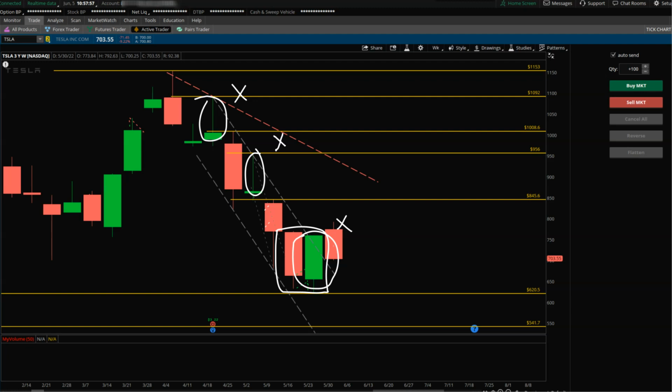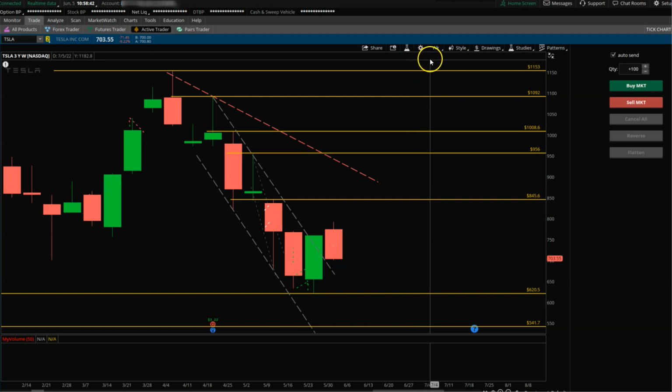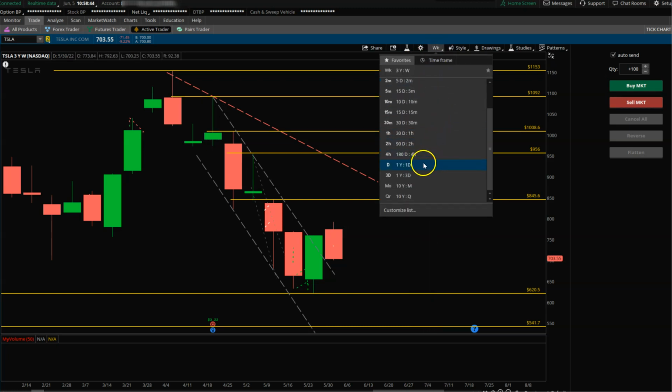In fact, it closed weak. That tells you people are still seeing any upside as a chance to get out of this name. That's what it looks like or feels like. You will trade what the chart tells you, not what we think.